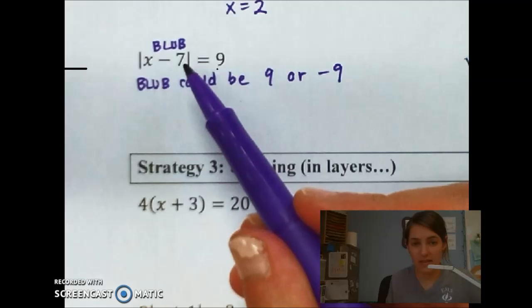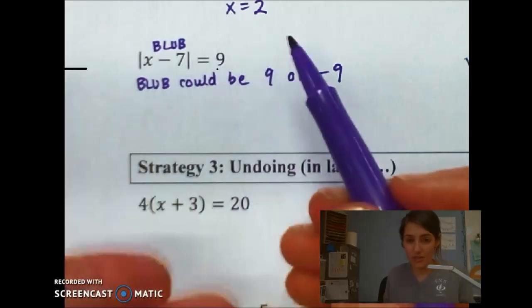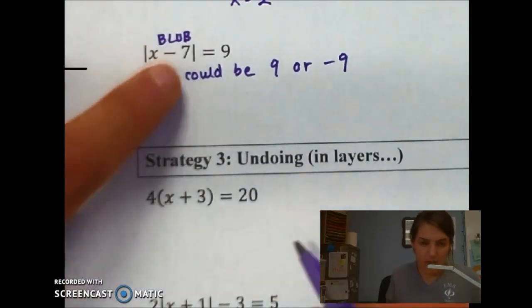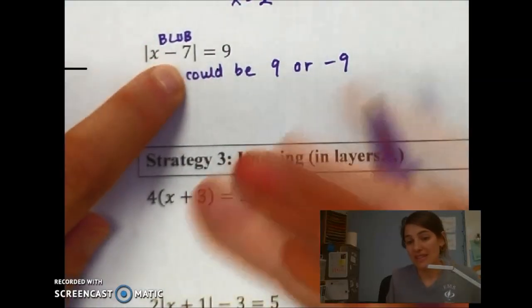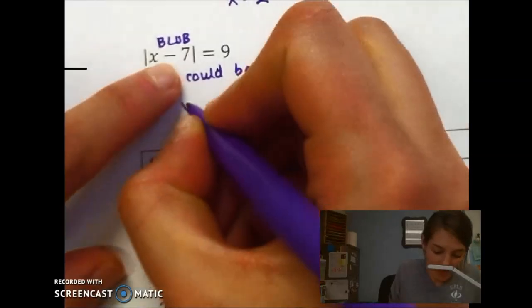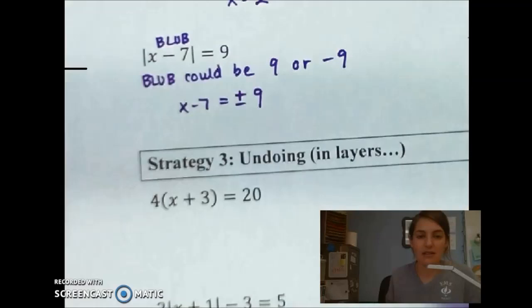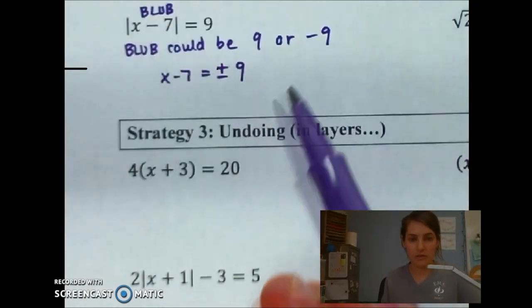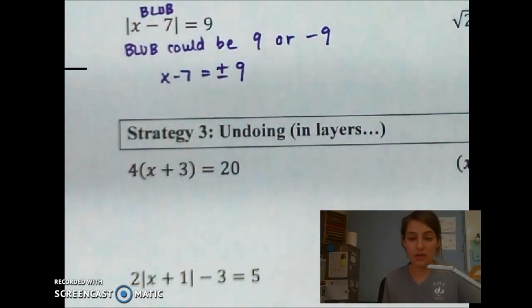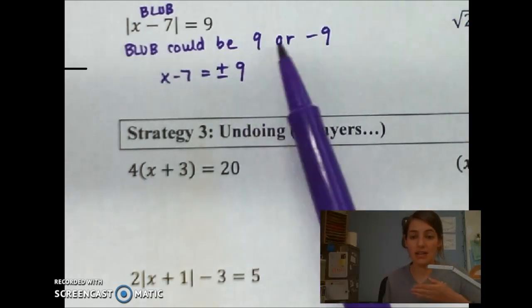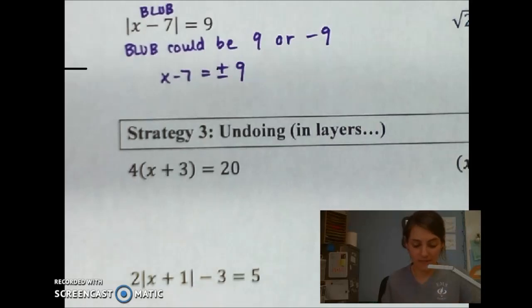So it could have been a negative 9, and then the absolute value turned it into a positive 9. So another way of writing that it could be 9 or negative 9 is to write that x minus 7 is equal to plus or minus 9, meaning it's equal to a positive 9 or a negative 9, and this is just like a shortcut way of writing 9 and/or negative 9.